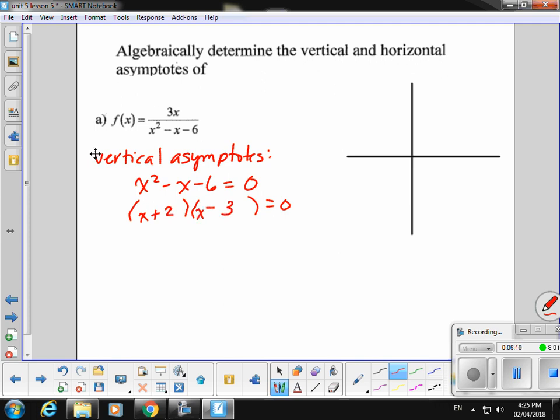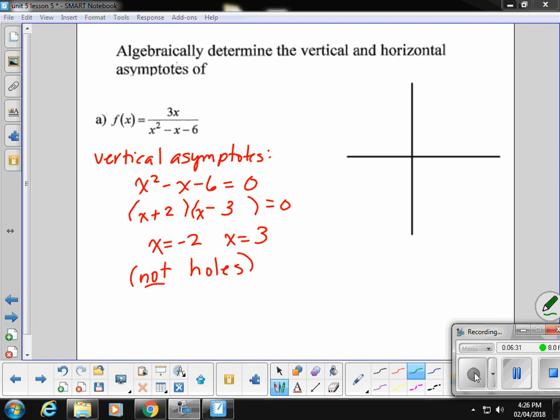So we have problem spots at x equals negative 2 or x equals 3. Neither one of those divide evenly into the top, so we're talking about asymptotes, not holes. So we have problem spots at 3 and at negative 2.